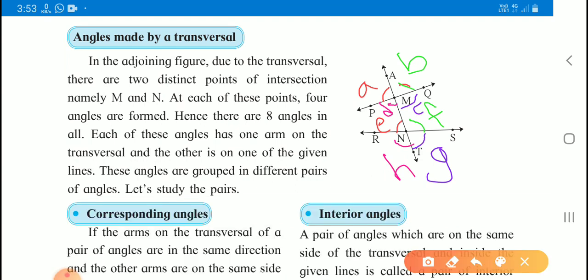Now see here, if you see the figure, here you can see the pairs of corresponding angles.